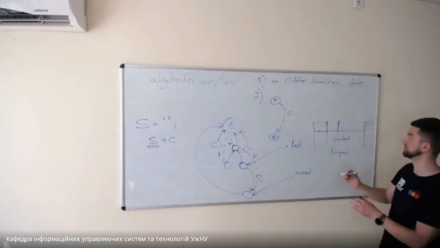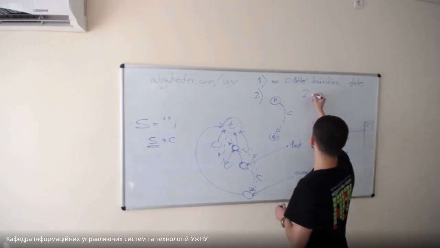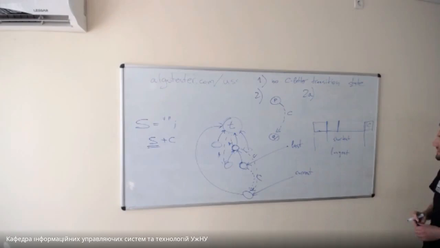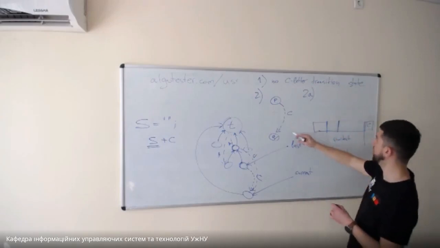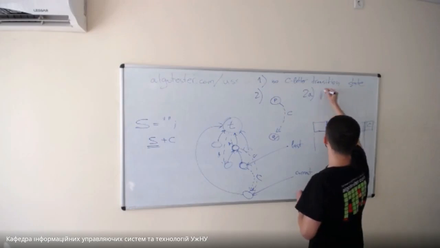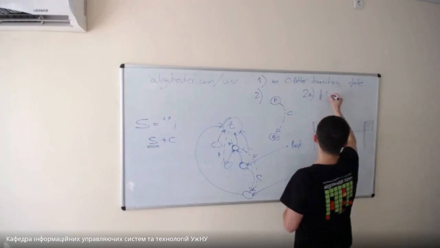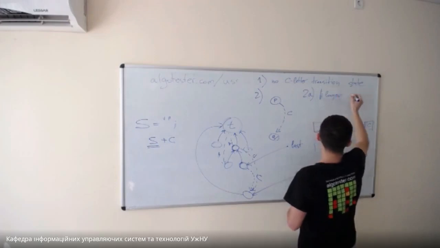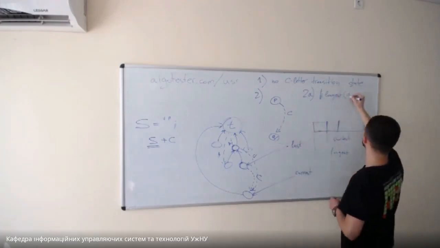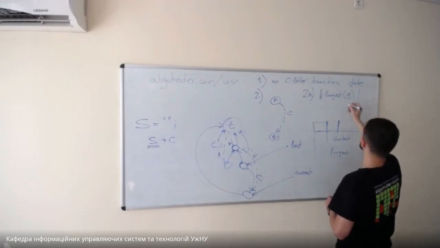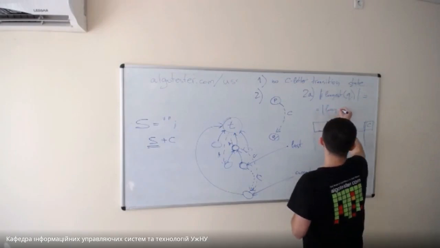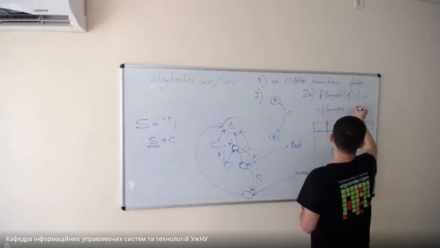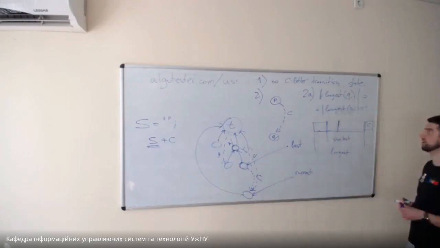Then there are two options. Option 2A says that if the length of the longest string in state Q is equal to the length of the longest string in state P plus 1.